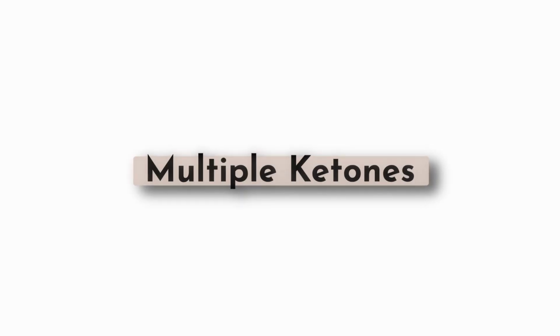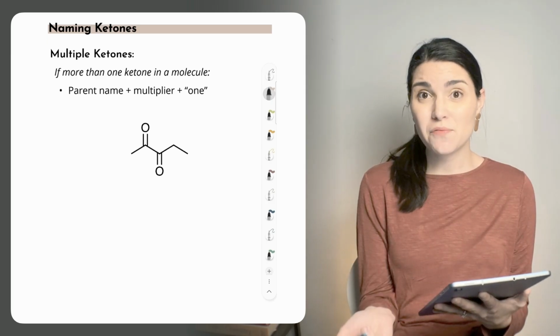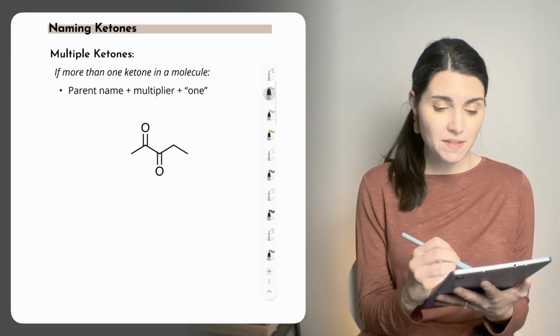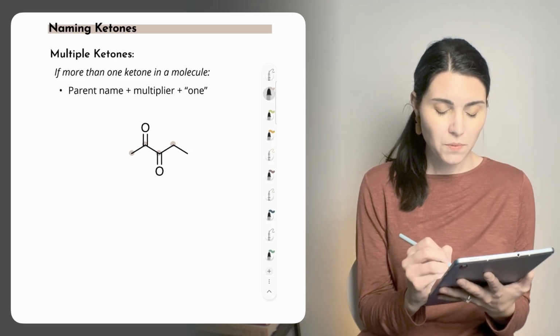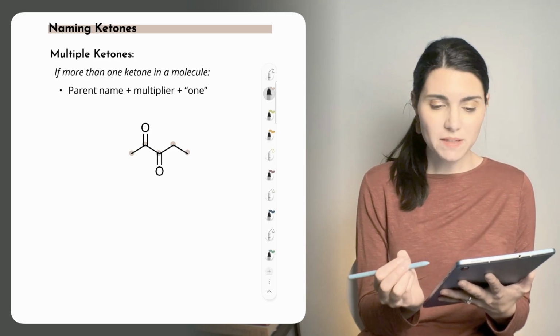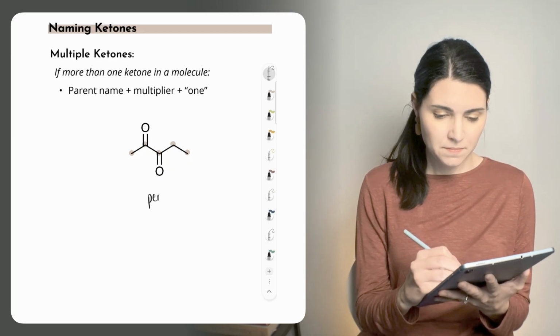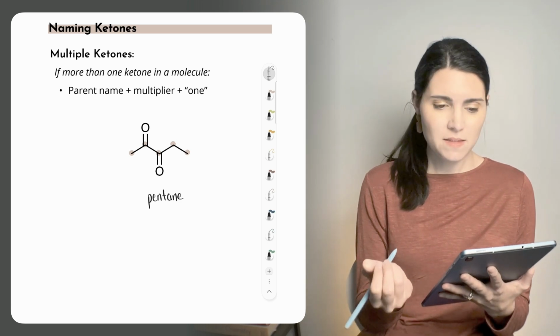If you have more than one ketone group in a molecule, you're going to just take the parent name, add the multiplier for the number of ketones you have, and then the ending "one." So in this example, there's 1, 2, 3, 4, 5 carbons. So that's a pentane. We don't drop the E in this case.